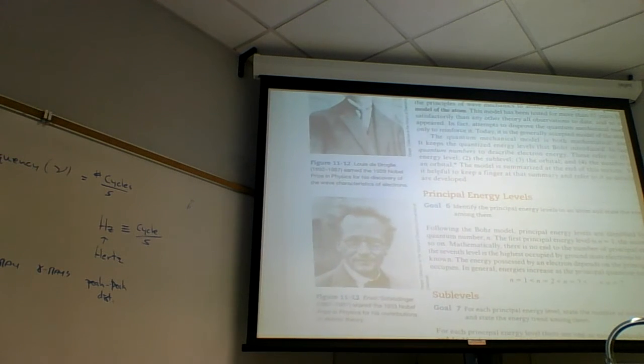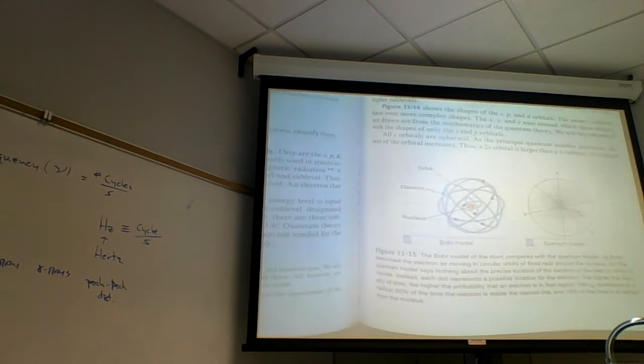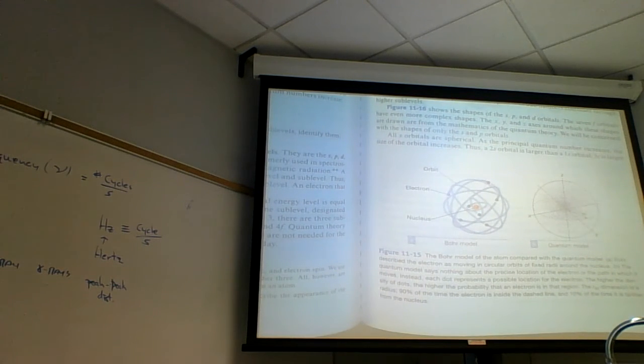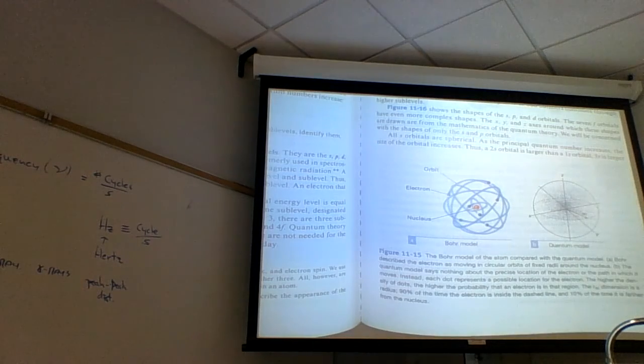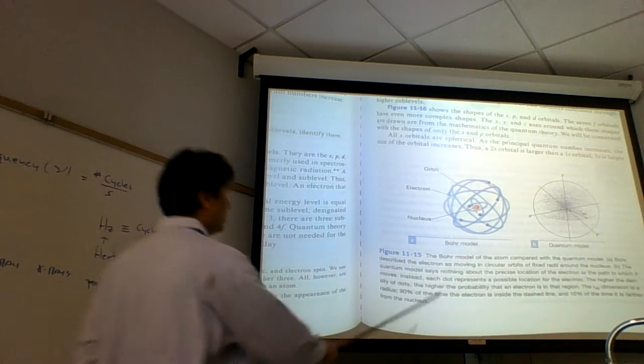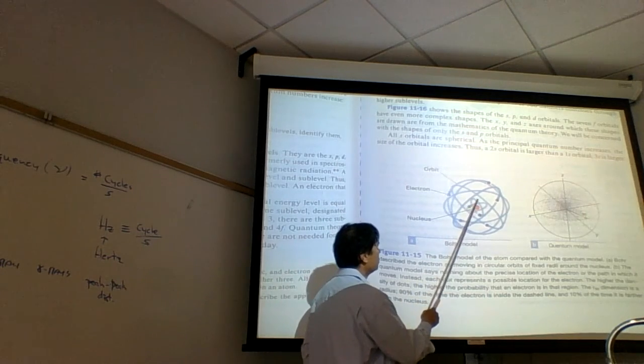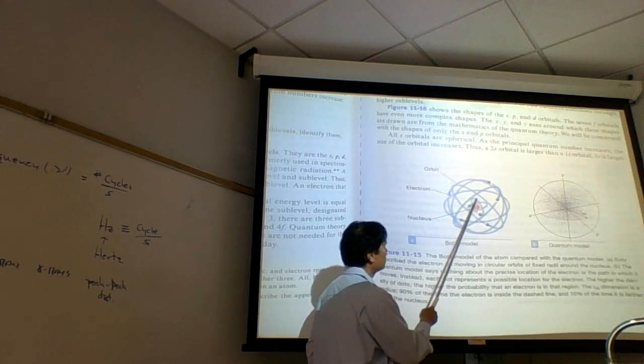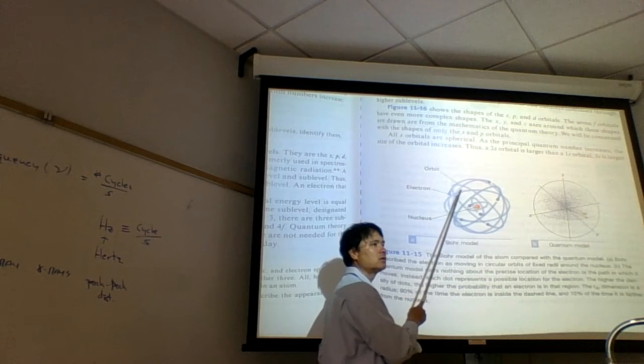All right, so what I want to do is I want to spend some time talking about quantum. Okay, one of the big differences between quantum and Bohr is that we don't talk in terms of orbits. So when we visualize an atom using the Bohr model, we visualize the nucleus. Here's the first orbit, the second orbit, the third orbit. These are the allowed orbits.